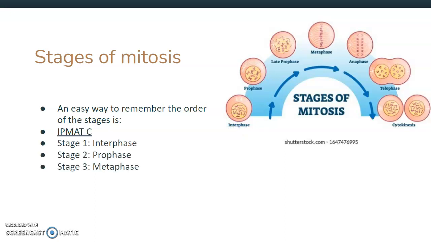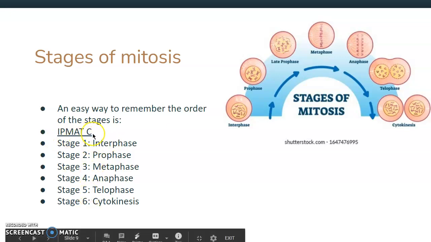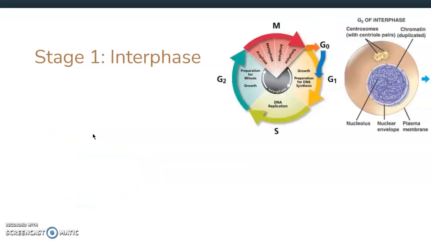Our M is metaphase. Our A is anaphase. Our T is telophase. And our C is cytokinesis. So those are the stages, and then we just took the beginning of each stage and made a little acronym for it. I like IPMAT-C, but that can be kind of hard, so IPMAT-C also works, or whatever you guys want to say.